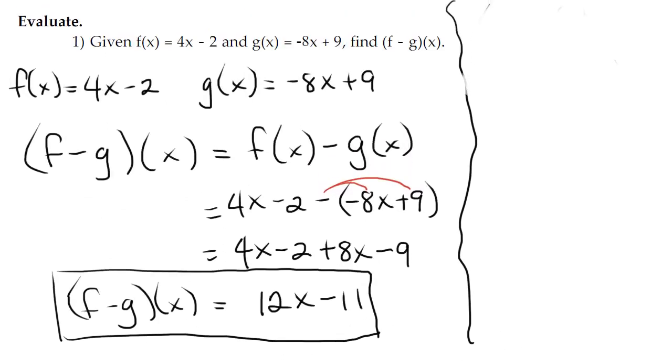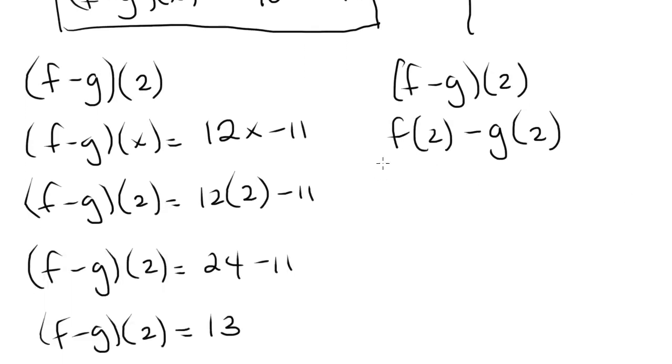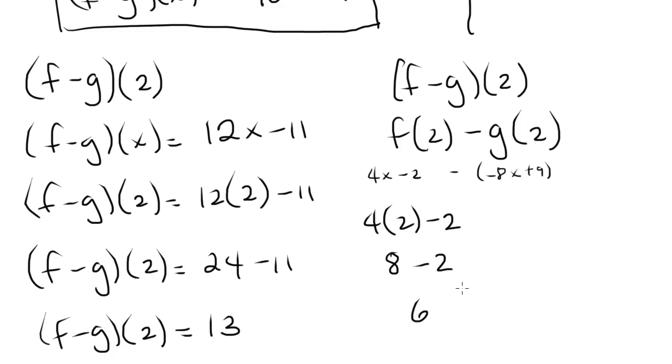So f of x is 4x minus 2, and g of x is negative 8x plus 9. Let's just substitute 2 into each of those. 4 times 2 minus 2, that's my f of 2. 8 minus 2, that's 6. So f of 2 is 6.